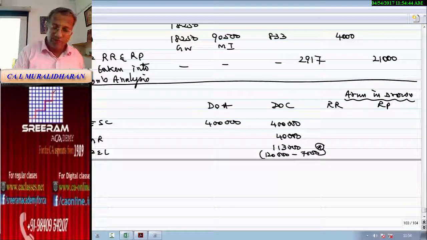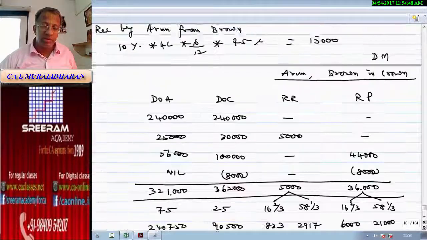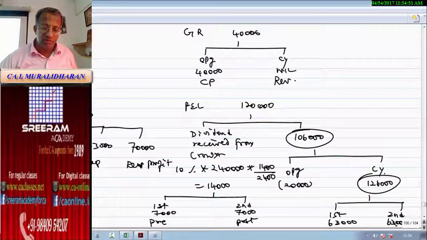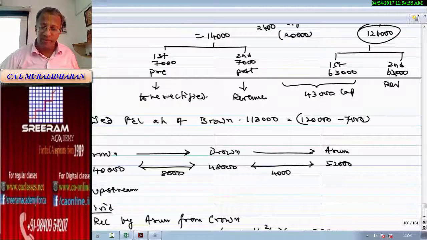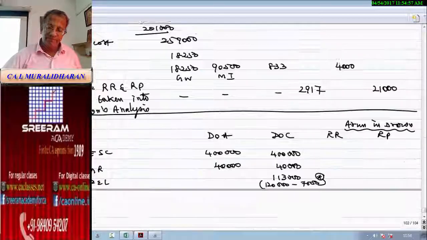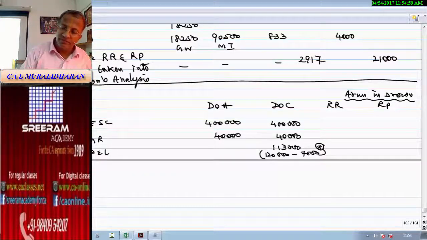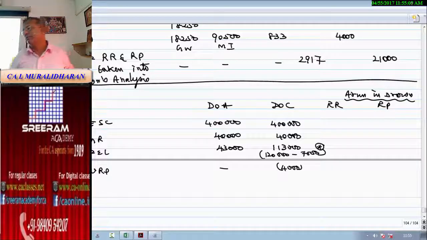Profit and loss account: remember our discussion, 43,000 we have taken up as capital profit, isn't it? Then unrealized profit, 4,000 negative figure.